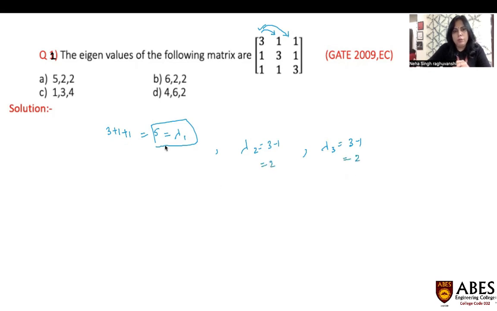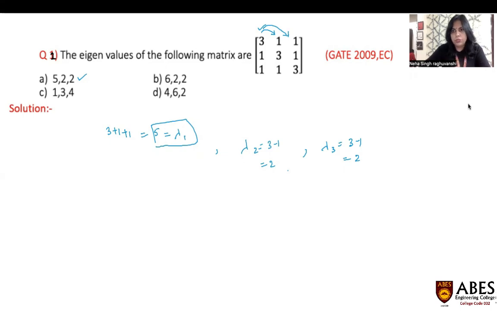So the answer would be 5, 2, 2. It means option A is the correct answer. But this is very restricted. This is applicable only to this type of matrix where all diagonal elements are the same and the non-diagonal elements are also the same, other than the diagonal elements.